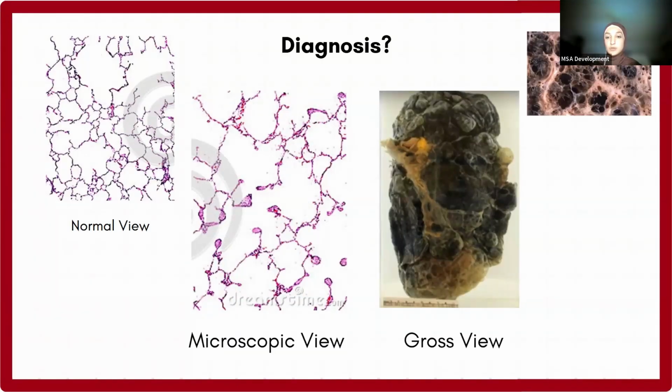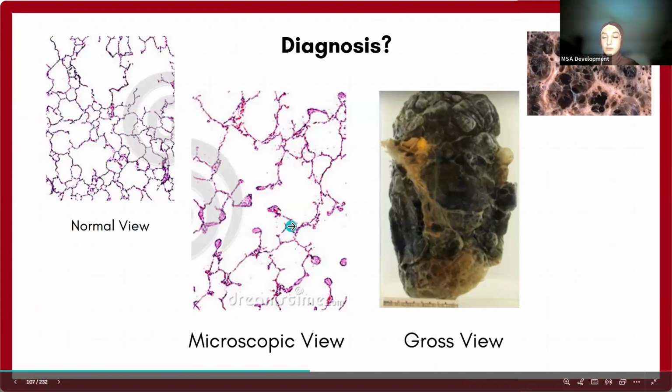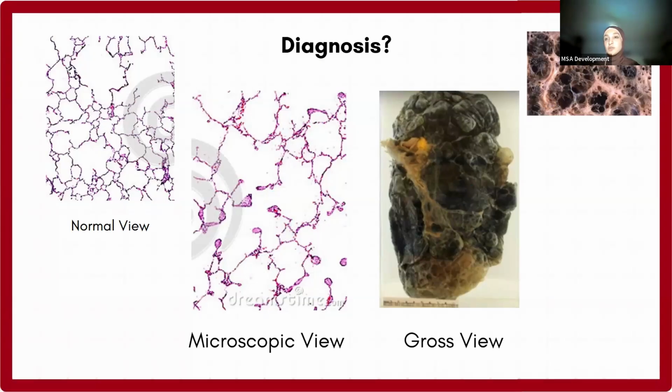Grossly, this is what his lungs would show. Once we took a biopsy from his lungs, this is what came through. What would you say? We just discussed emphysema, specifically centroacinar emphysema.